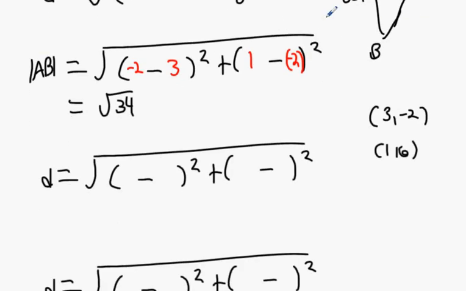So x1, y1, x2, y2, and let's put these numbers in. x2 being 1, x1 being 3, y2 being 6, and then minus y1, minus 2.